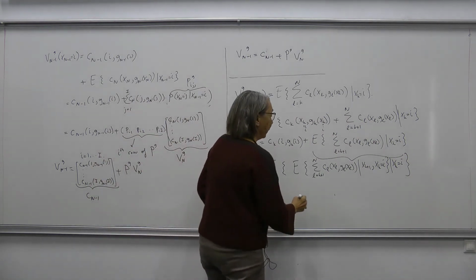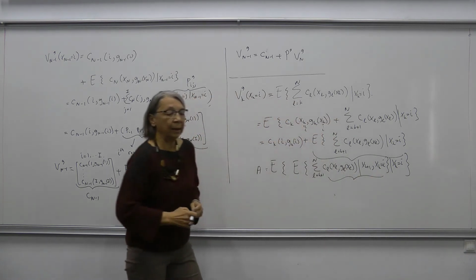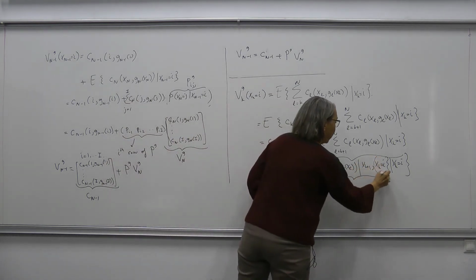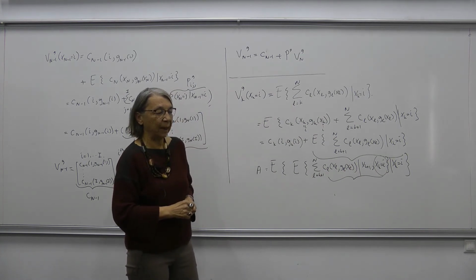And now, when we look at that one, since our process is a Markov process, the information given to us here as x_k is equal to I does not affect the result.